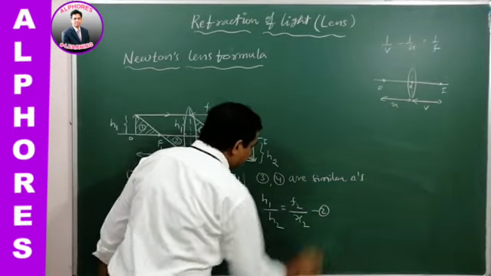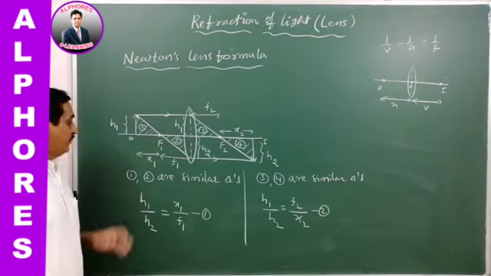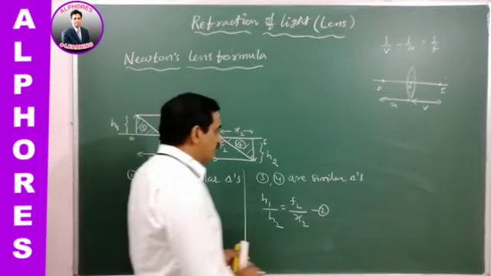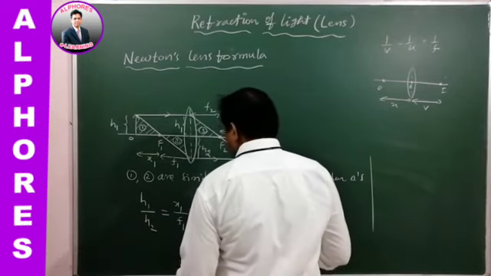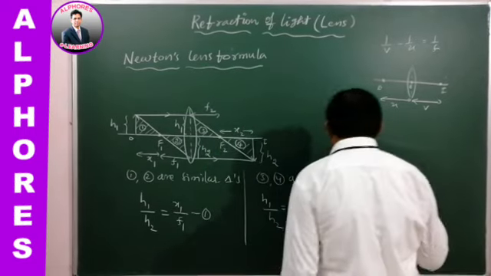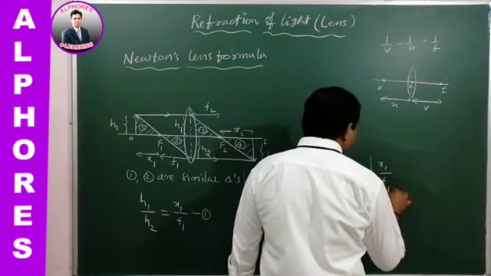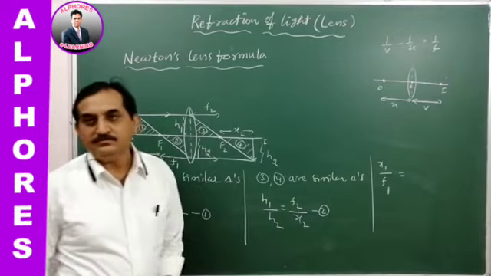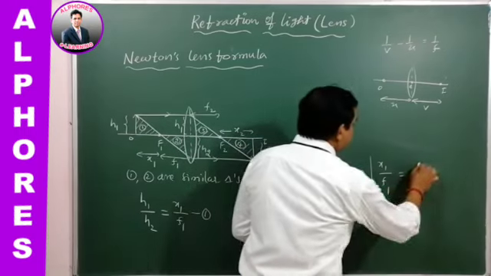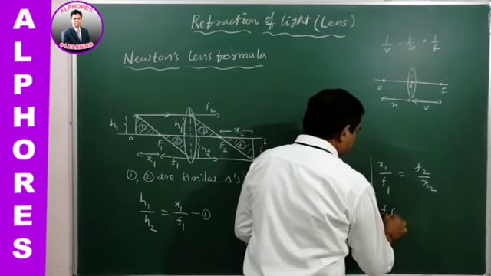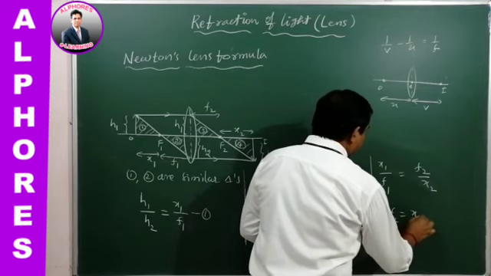This is equation 2. From equation 1 and equation 2, we equate the two because both are h1 by h2. Therefore x1 by f1 is equal to f2 by x2, so f1 f2 is equal to x1 x2.